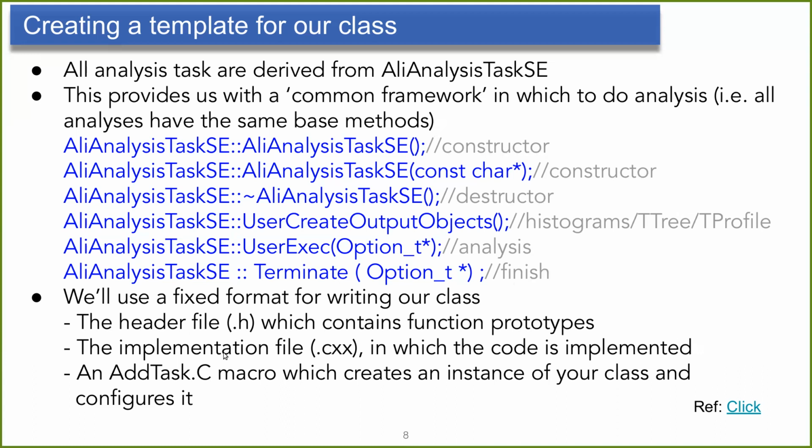Then we will go to the .cxx file, where we will implement our analysis code inside this UserExec, and define the output objects like histogram and tree in this UserCreateOutputObjects. Then we will go to the AddTask.C macro, which creates an instance or copy of your class, configures it and submits it in the grid. For more information, you can go to this link.